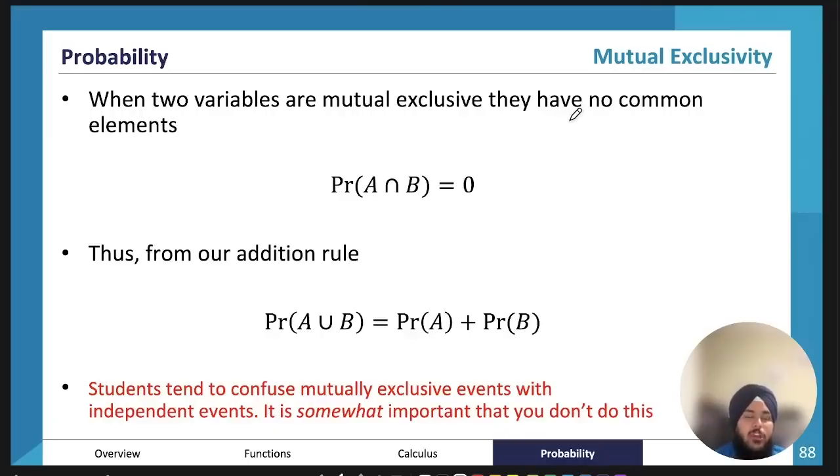You can't have a full thunderstorm, rainy, and sunny at the same time. Those are two mutually exclusive events. So the probability of A and B is just going to be 0 because they can't occur together. And therefore, the probability of A occurring or B occurring is just going to be the probability of A plus the probability of B, because there's no probability of A and B.